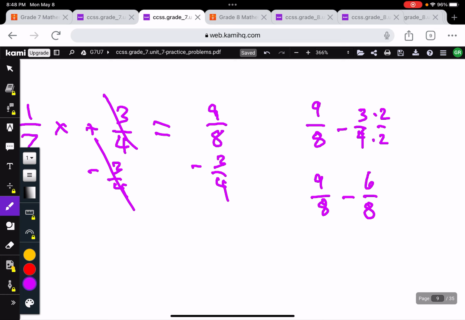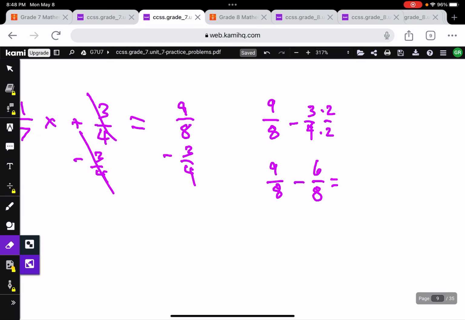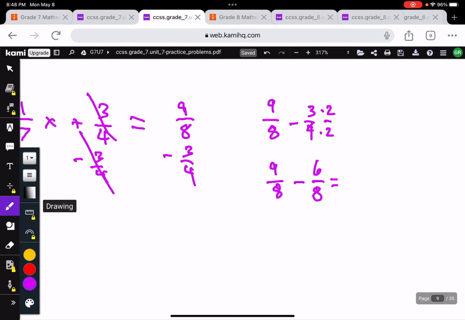So 6/8 and 3/4 are equal. Now I can do 9/8 minus 6/8. I have a common denominator, and I'll make sure I show all my work. So now I can do 9 minus 6 all over 8, and that's going to be equal to 3/8.